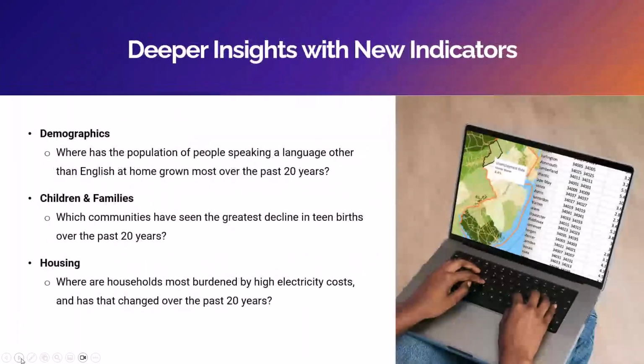All right, and now some deeper insights. So as I said, by adding some of these new indicators where we aggregate things, it allows us to ask different questions and dig into different ways of looking at demographics, children and family, income, housing, and such. So one of the new indicators we added was populations of people speaking language other than English at home.